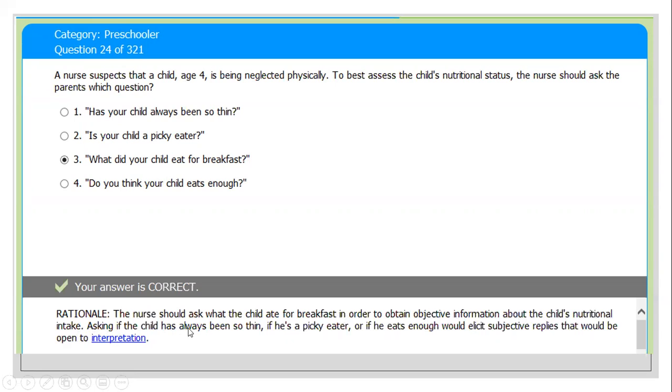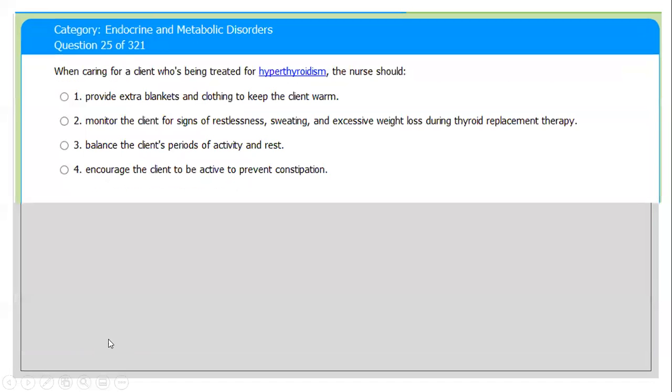Asking whether the child has always been so thin, if he is a picky eater, or if she eats enough would elicit subjective replies that would be open to interpretation.